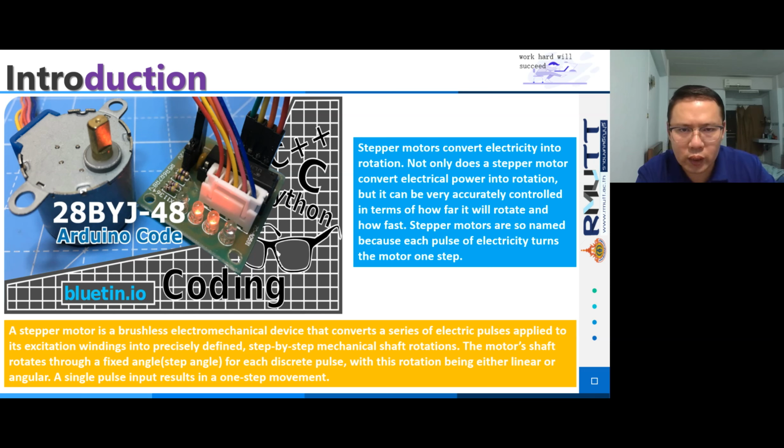Not only does a stepper motor convert electrical power into rotation, but it can be very accurately controlled in terms of how far it will rotate and how fast. Stepper motors are so named because each pulse of electricity turns the motor one step.